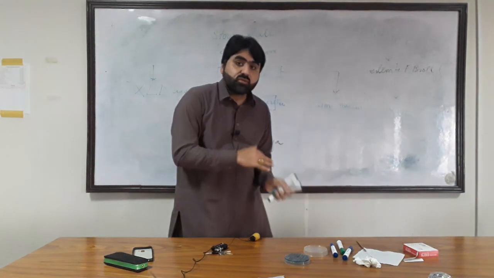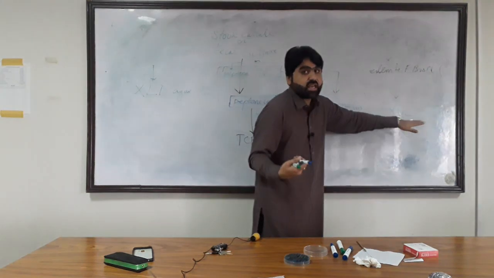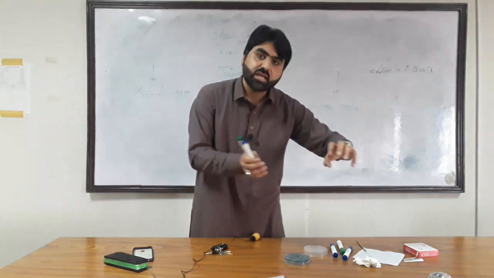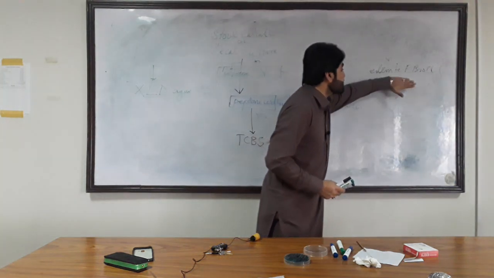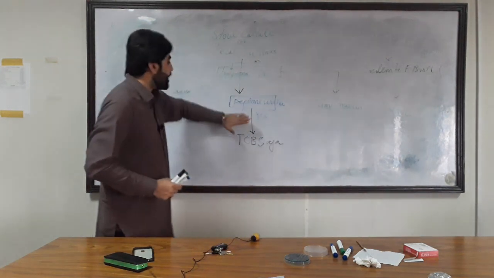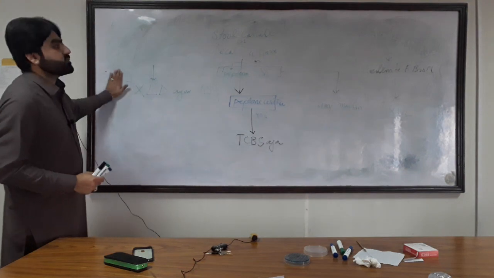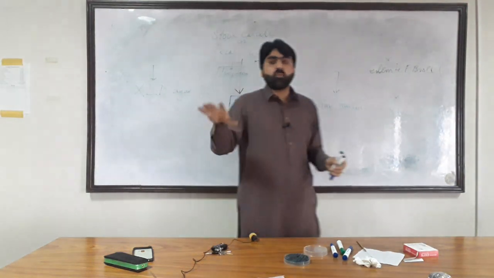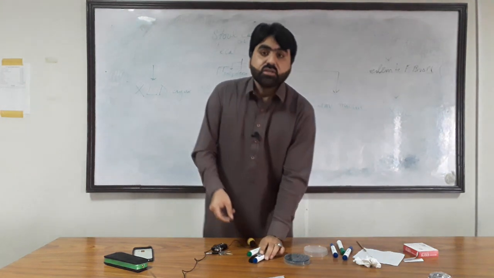Therefore you will have to subculture again on XLD or Salmonella Shigella agar or any other appropriate agar which can be used for the isolation or growth of Salmonella. So this is for Salmonella, this is for Campylobacter, this is TCBS agar for Vibrio cholera, and this is for Salmonella and Shigella agar. So these are the common agars which are used for the most common pathogens of stool.